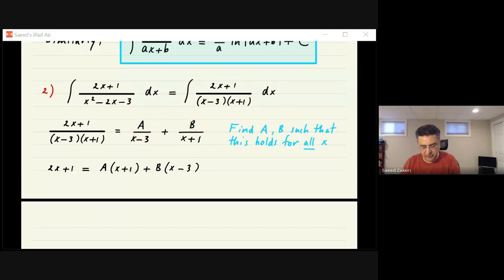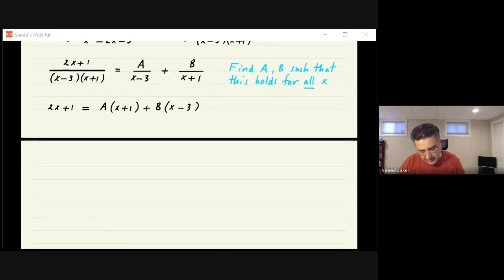And when I multiply this by x minus 3 times x plus 1, x plus 1 cancels out, and I get B times x minus 3. So this is supposed to be an identity for x. It is supposed to hold for every x. And my goal is to figure out which A and B will do that.